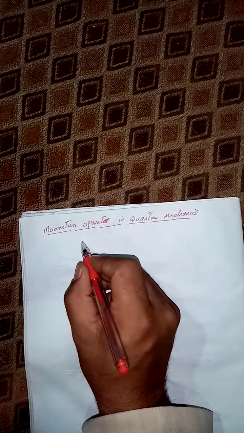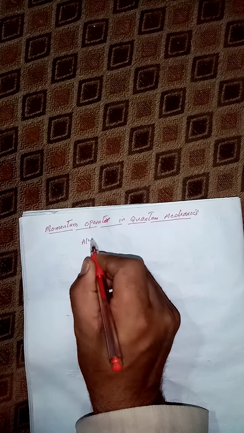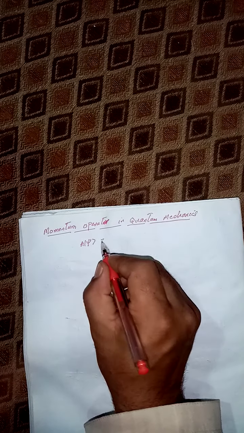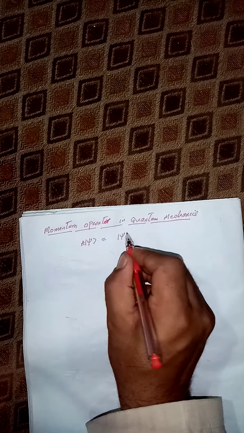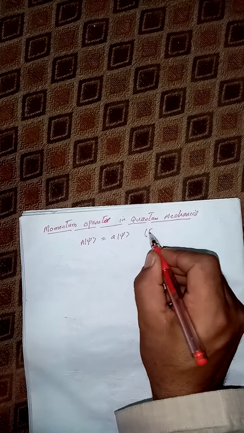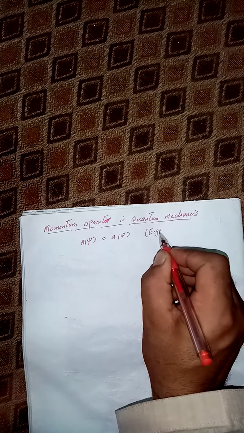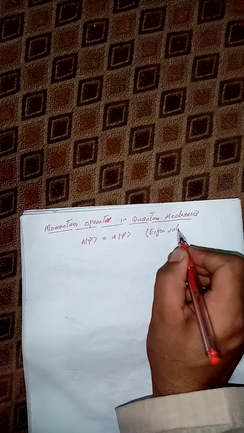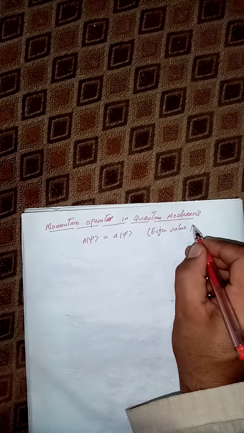As we know, the eigenvalue problem is if an operator operates on a state vector, we get the same state vector with a constant a. This is called the eigenvalue problem.